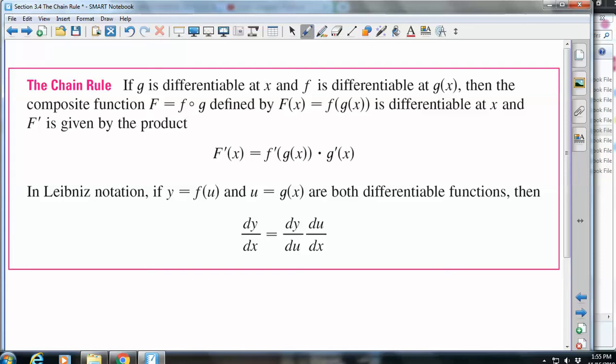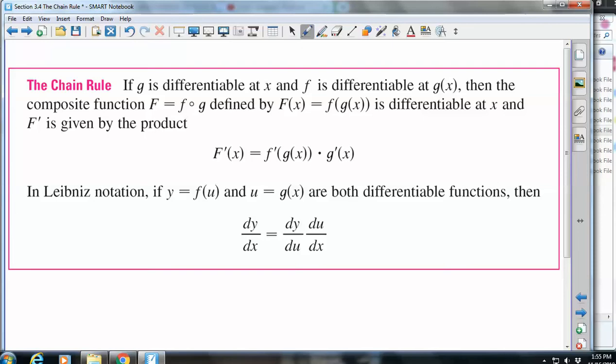So I'm going to have a 5, the inside stays the same, to the 4th power, times the derivative of the inside part. What's the derivative of x plus 4? 1 plus 0, which is 1. So this derivative is just 5 times x plus 4 to the 4th. Much shorter than writing it out 5 times and working from there.